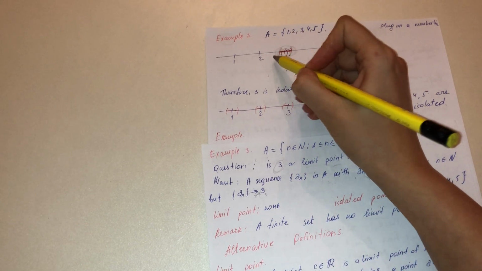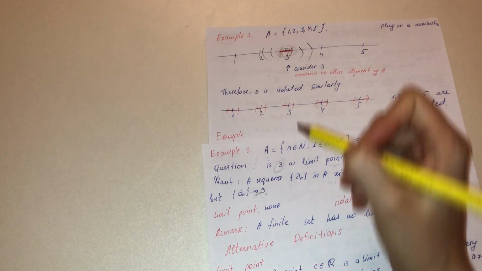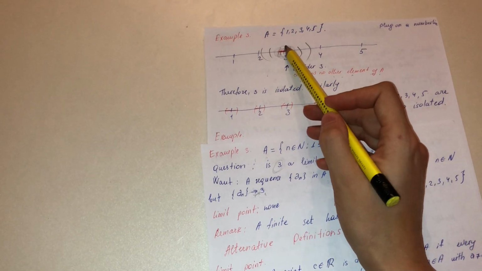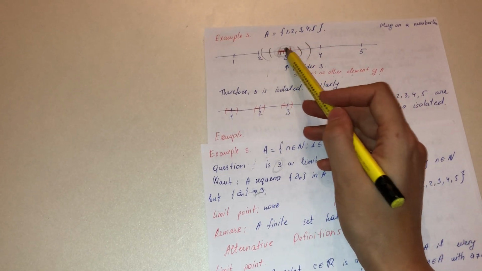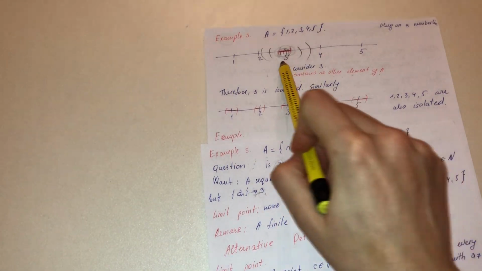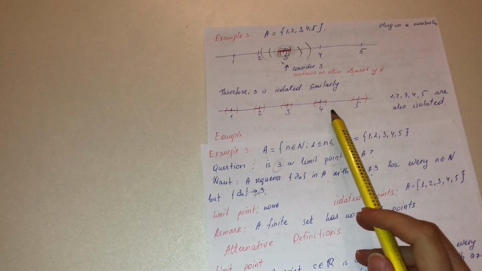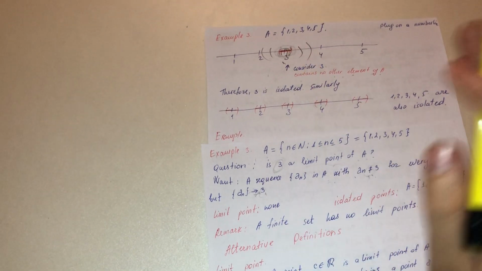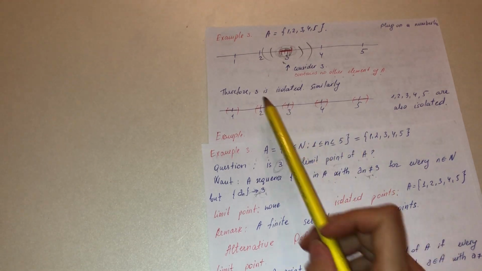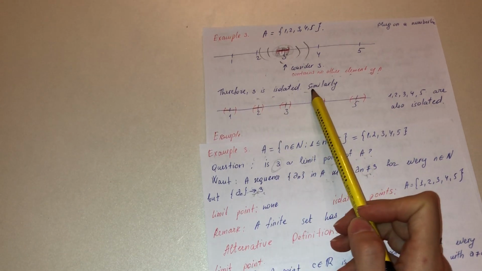It can be like that, like that, like that. If any neighborhood of 3 doesn't contain an element of A, then we say that it is not a limit point. So 3 is an isolated point.